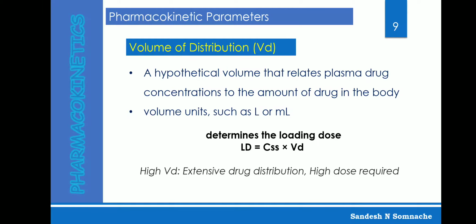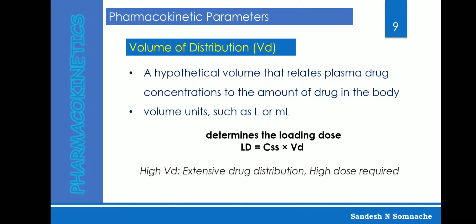Second one, volume of distribution. As we said, it is a hypothetical volume that relates the plasma drug concentration and amount of drug in the body, and it helps to determine the loading dose of a drug.